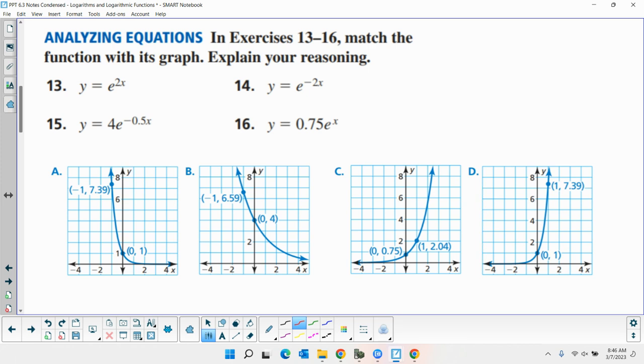So 13 was D, and 14 was A, and 15 was B, and 16 was C. These two, 14 and 15, are decay, so it'd be A or B, and 13 and 16 are growth because our exponents are positive. So you got a 50-50 chance, I guess. But you could look at the table of values in your calculator too if you needed help matching those up.